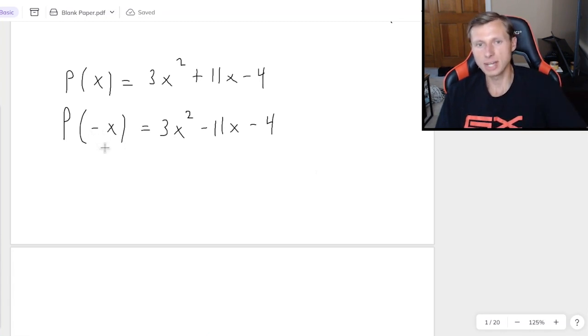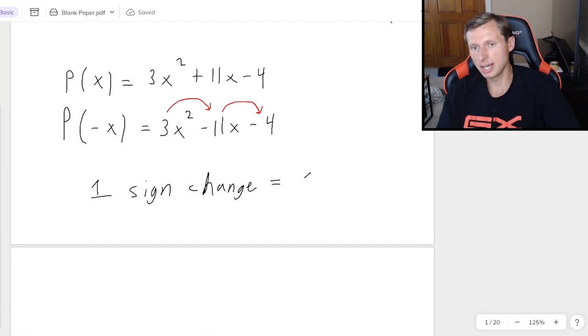Anyways, with p of negative x, again we count the sign changes. There's 1 from positive to negative 11, and then it stays negative for negative 4. So again, there's 1 sign change, which means that there is going to be exactly 1 real negative solution.